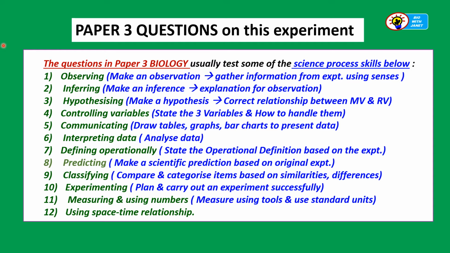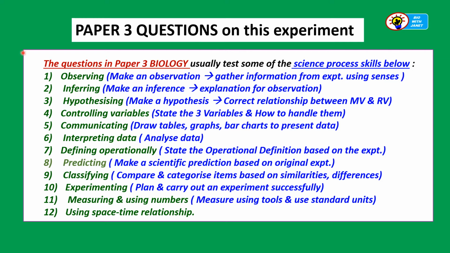So now we're going to go on to the questions, all right? And here, your aim is to try to answer these questions based on the science process skills as accurately, as completely and correctly as possible, in order to obtain the full marks.